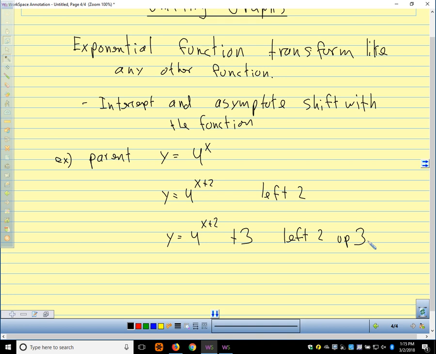And then go up 3. So it'd be at negative 2, 4. Our asymptote would go up 3. So we could use that to sketch our graph. How about y equals negative 4 to the x? Yeah, that's going to reflect over the x-axis.